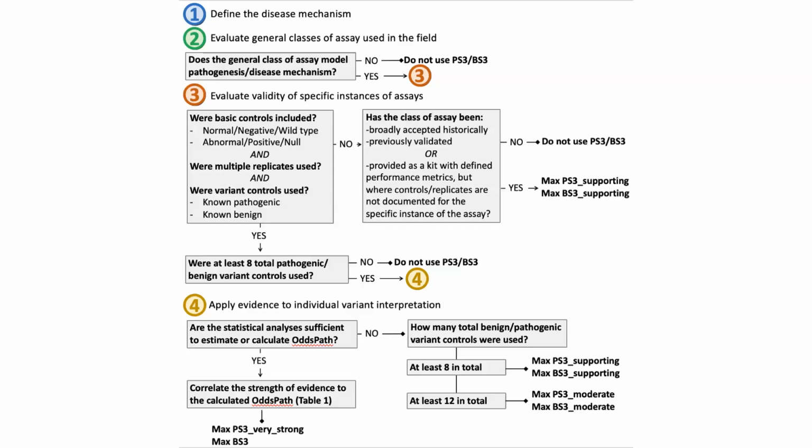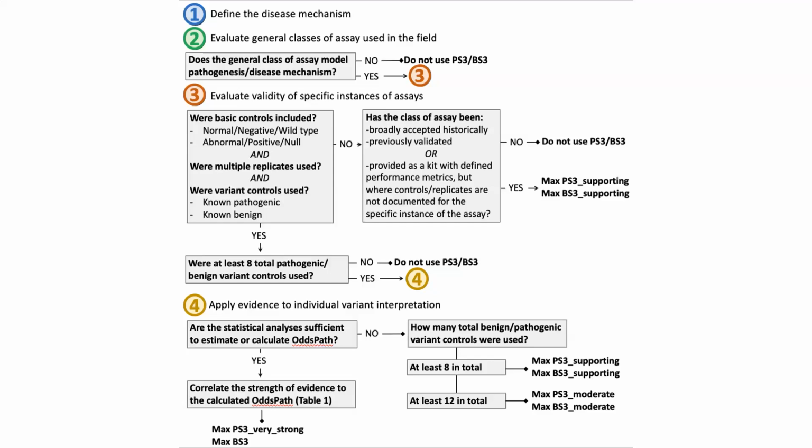Would it be appropriate to put all of that evidence together? So let's say there are 10 papers, and among those 10 papers, you can find your 8 variant controls, but they're not actually, for each instance in each paper, publishing a pathogenic and a benign control. Do you understand what I'm saying? Is that an appropriate way to do this, or is that something that would need to be discussed before it's decided if that's okay?